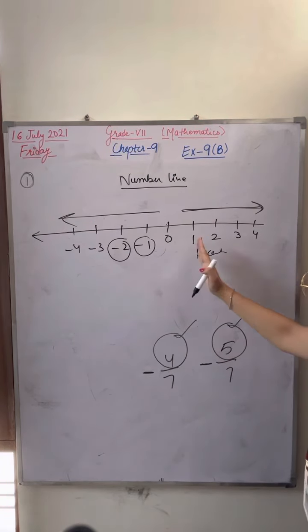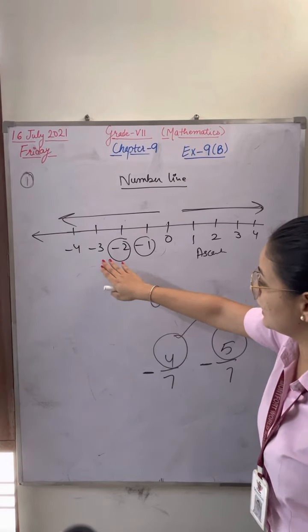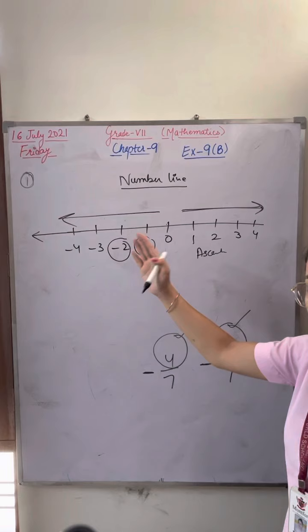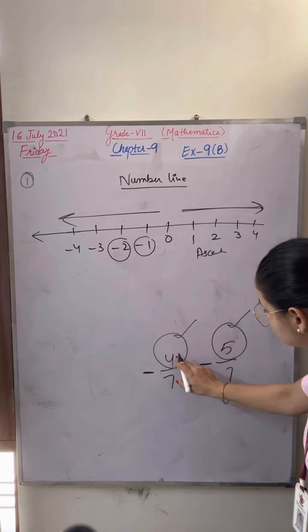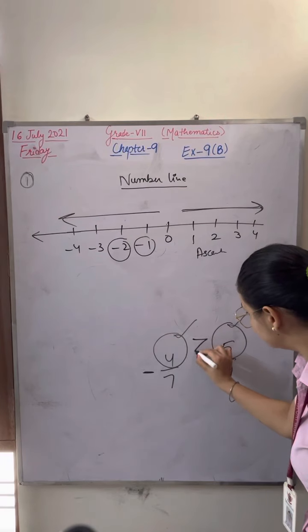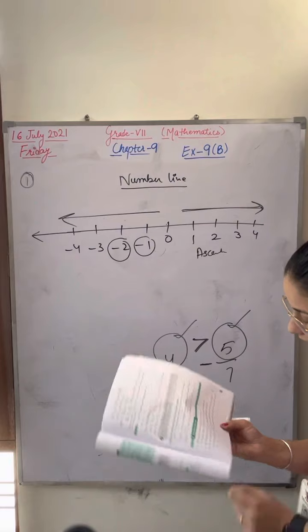Here we can say 2 is bigger than 1, 3 is bigger than 2, 4 is bigger than 3, but here we are comparing in the opposite way. So 5 is smaller, 4 is bigger, so my sign should be this. And what is the sign given in the book?